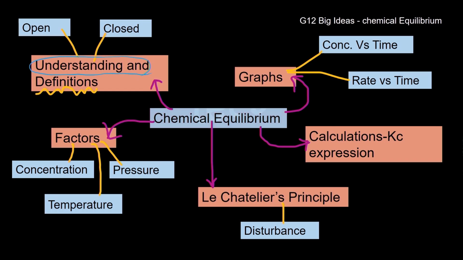A reaction that happens in an open system can never reach equilibrium because the reversible reaction can never happen. If our products are escaping, then our system can't reach a chemical equilibrium. It needs to be closed. So what does that mean?